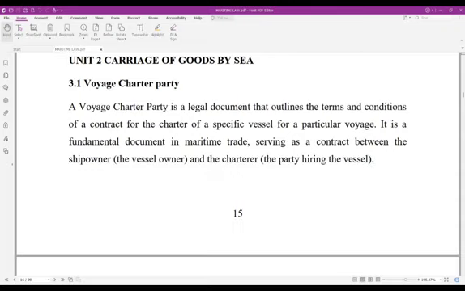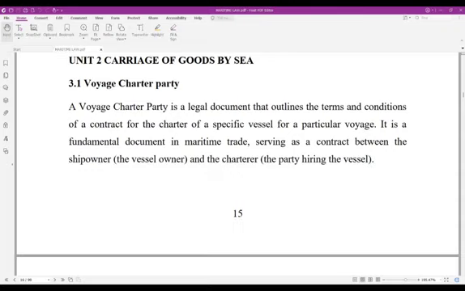A voyage charter party is a legal document that outlines the terms and conditions of a contract for the charter of a specific vessel for a particular voyage.